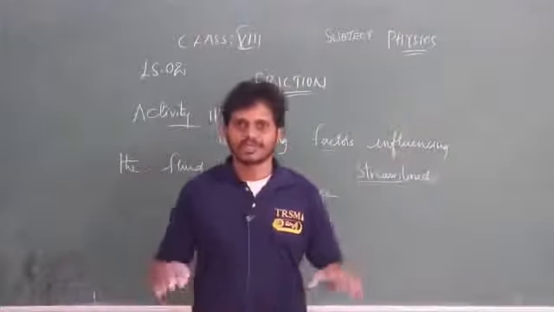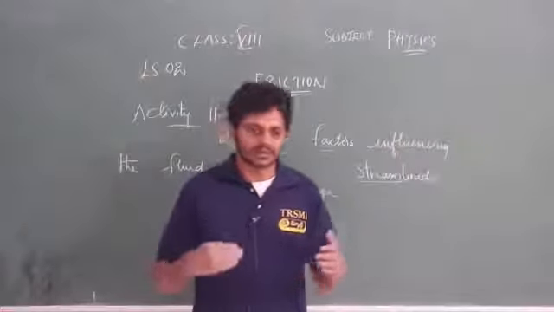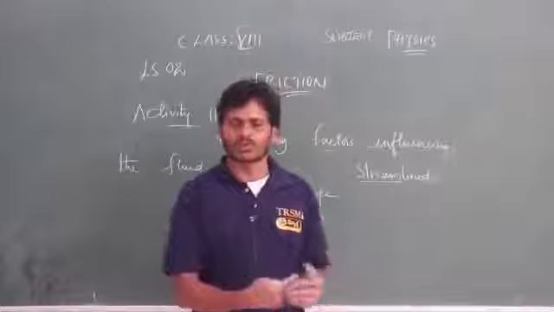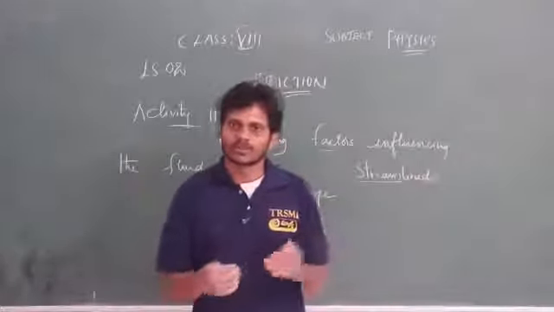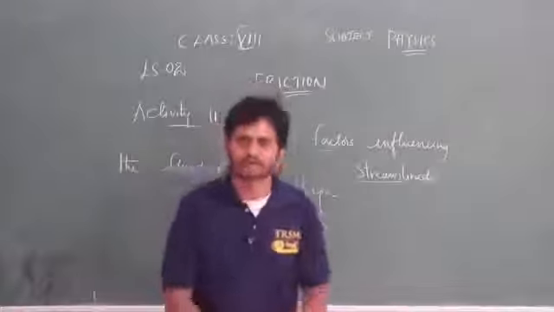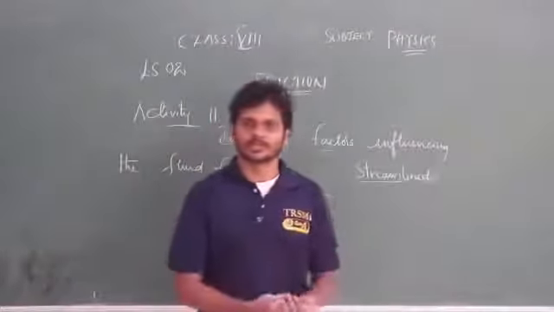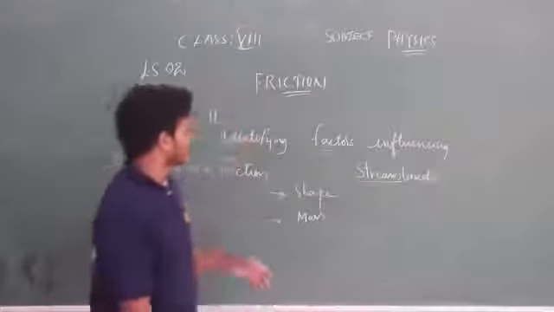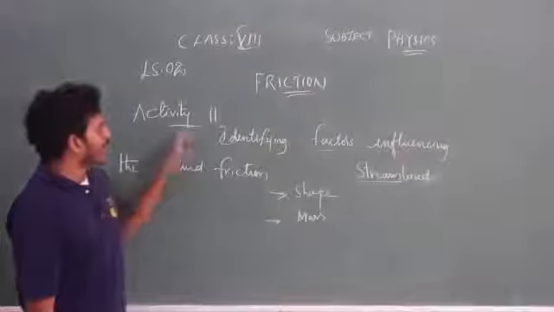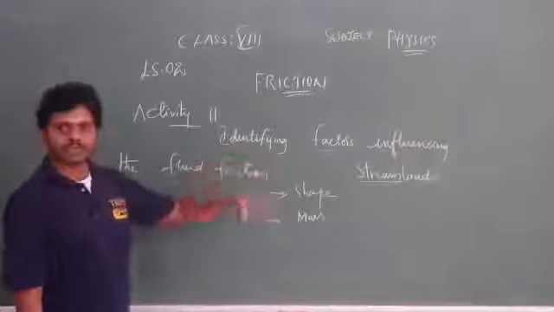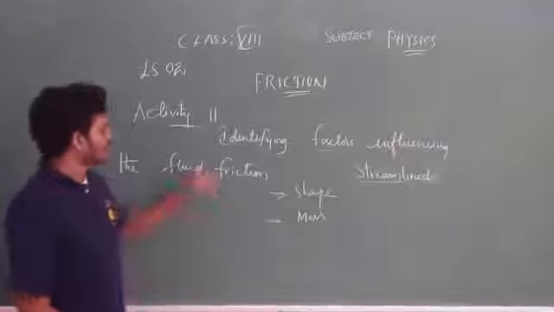Even a fish which swims for some time and later stops swimming lowers its speed and drifts down. Why? Because of friction exerted by the fluids. So fluid friction acts upon different objects which move in fluids.